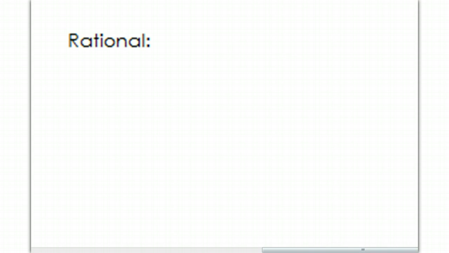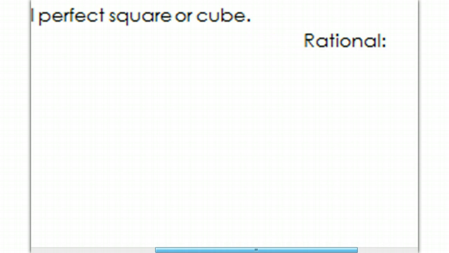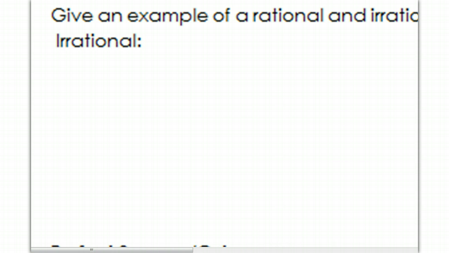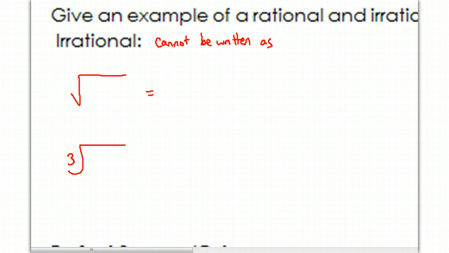Alright, some examples of irrational perfect squares and cubes. Basically, I want to know what numbers can you put underneath a square root or a cube root and get something that can't be written as a fraction. So to get something that can't be a fraction, it has to be any non-perfect square, like 30.